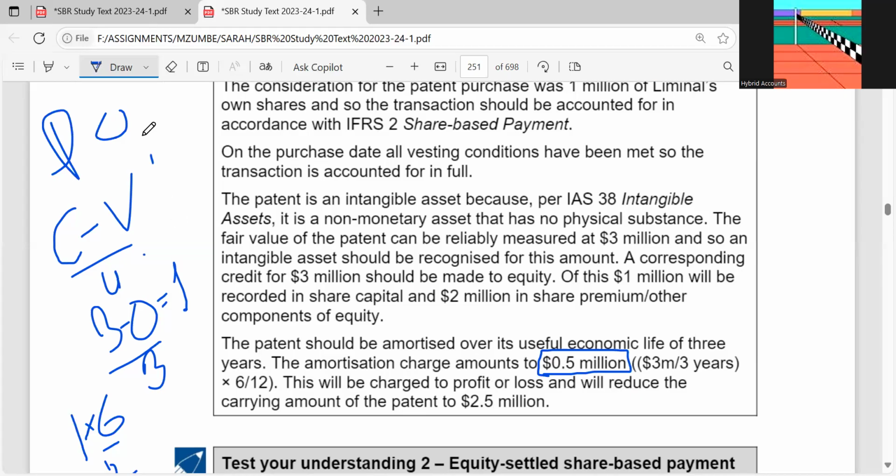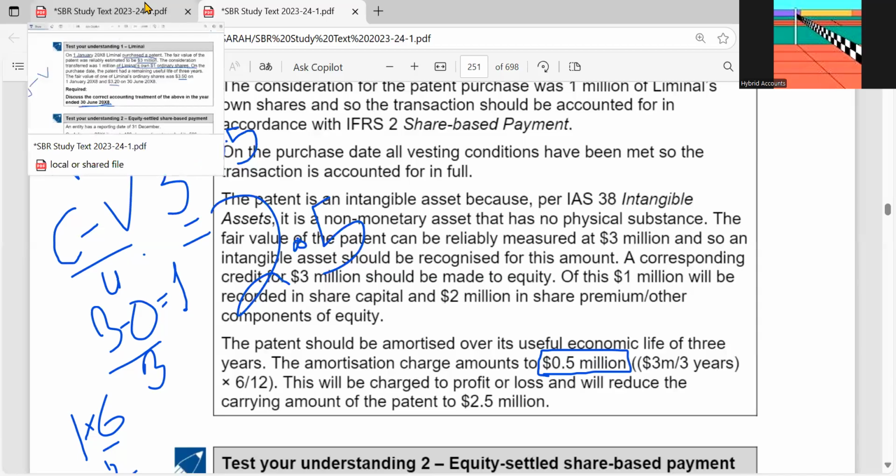The patent would initiate at 3, and then you'd remove 0.5, and the patent would ultimately end up being recognized at 2.5 in the statement of financial position. 2.5, right? I hope you got this, and then I think we can proceed. Let's go on and proceed, right?